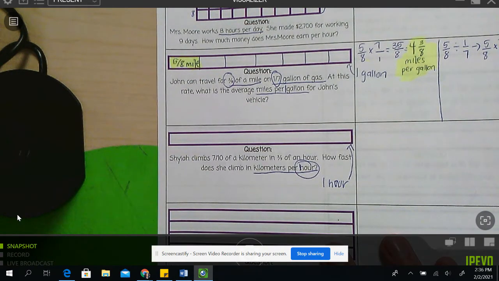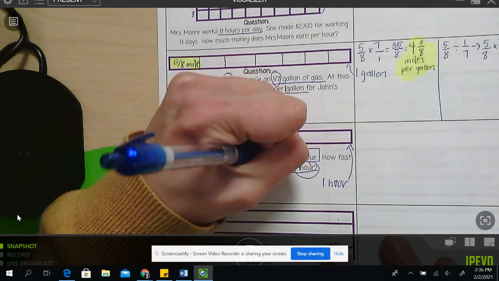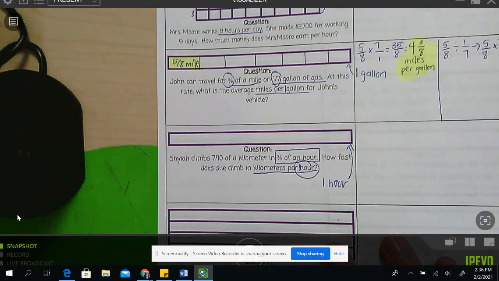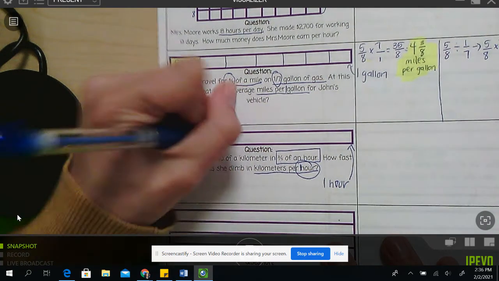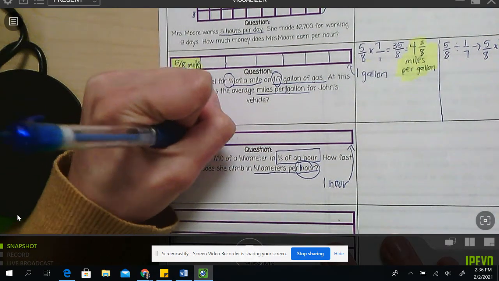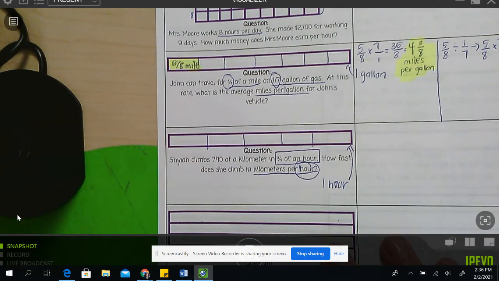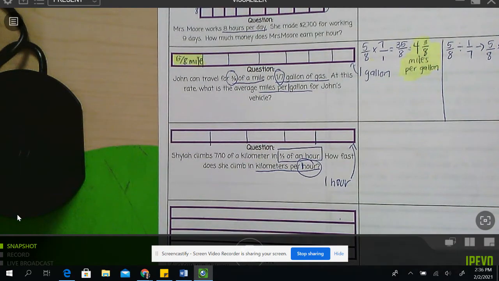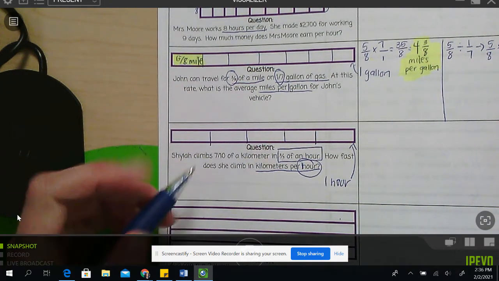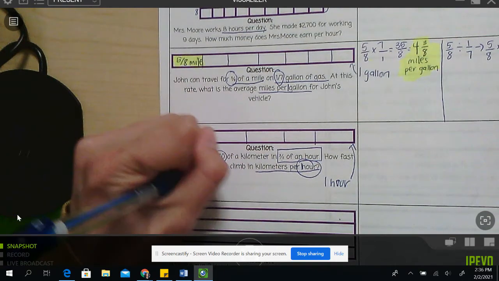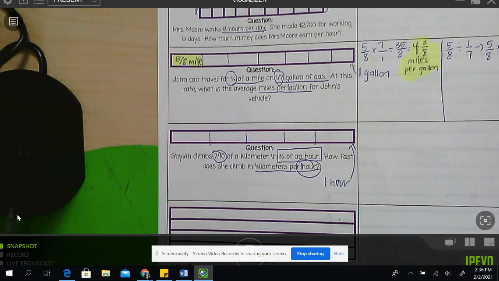Okay, so it's giving us the information of the amount she can run in 3/5 of an hour. So let's go ahead and divide our bar into 5 pieces. So we're going to draw 4 lines. 1, 2, 3, and that's 4 and 5. So each one is worth 1/5 of an hour. Okay, so she can go 7/10 of a kilometer in 3/5 of an hour.